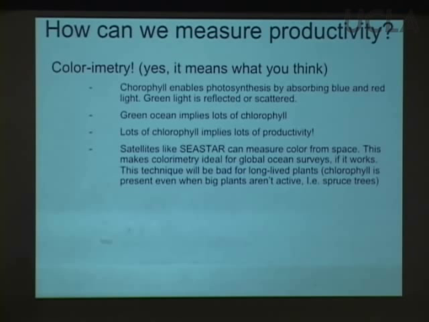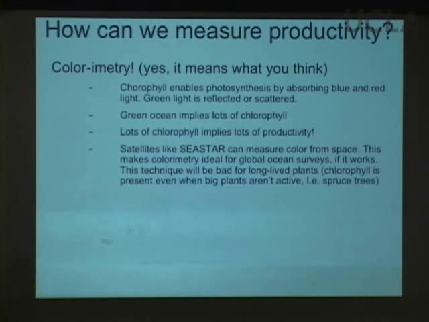So if you look down on a part of the Earth's surface where photosynthesis is happening, or at least where the apparatus to do photosynthesis is present, you're likely to see that as a green color. Turns out that water in the absence of chlorophyll is kind of bluish, right? And soils or rocks in the absence of chlorophyll tend to be kind of brownish or white.